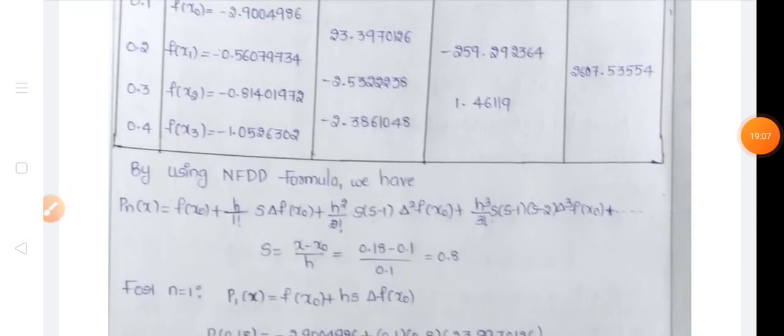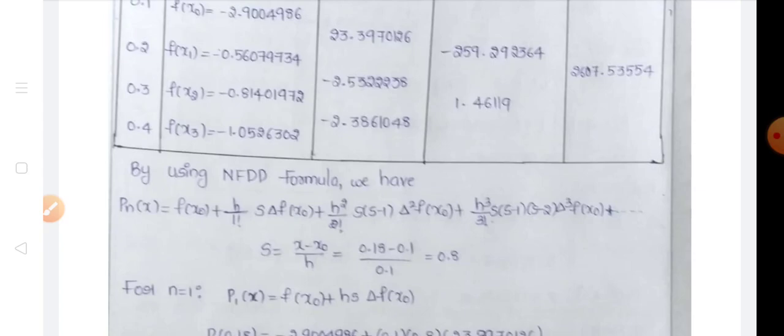By using Newton's forward divided difference formula, we have Pn of x is equal to f of x naught plus h by 1 factorial s delta f of x naught plus h square by 2 factorial s into s minus 1 delta square f of x naught plus h cube by 3 factorial s into s minus 1 into s minus 2 delta cube f of x naught.